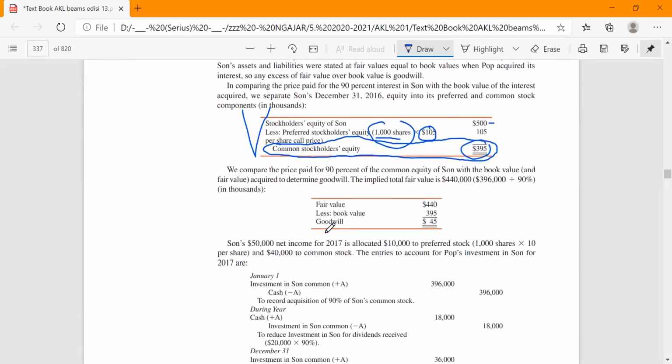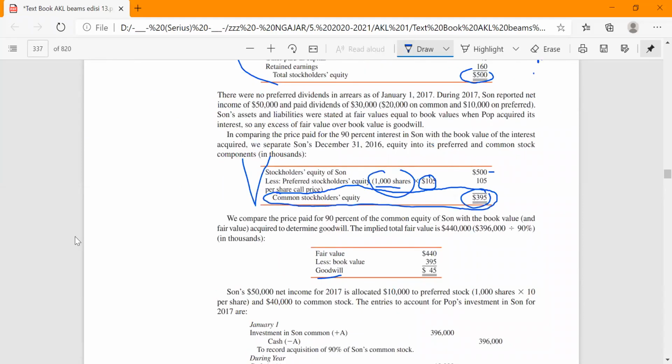that in this activity when P purchased S, a goodwill emerges. The goodwill, as you have learned in the earlier chapter, is the difference between the implied total fair value and the book value that you've just calculated before.